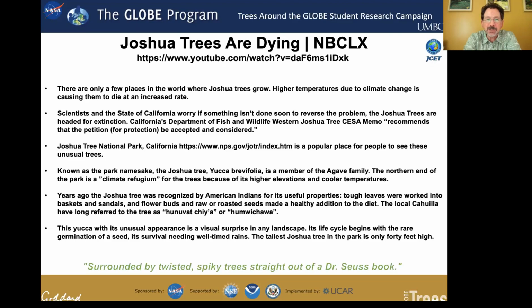I stumbled across an NBC LX online news story about the Joshua trees in California that are dying, in part because the higher temperatures are making it very challenging for them to survive as well as reproduce. Part of that's also in precipitation patterns, which are changing.